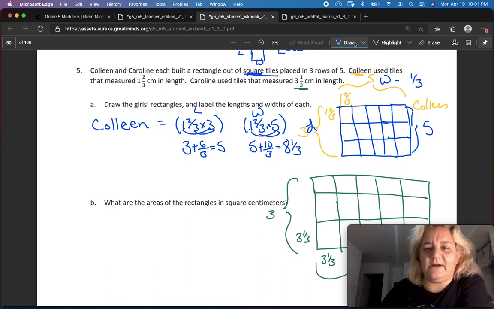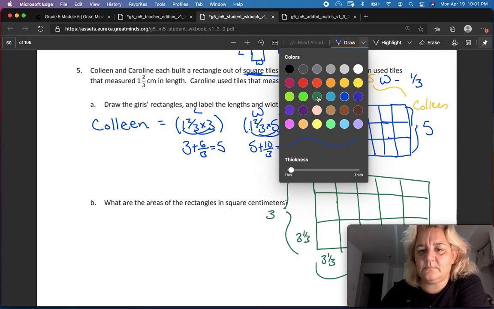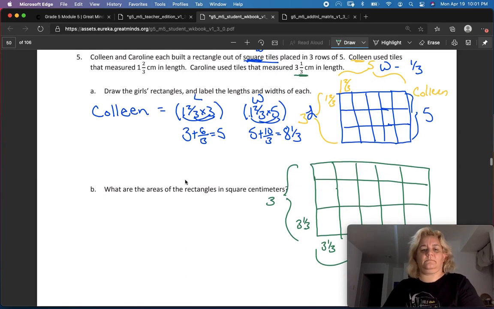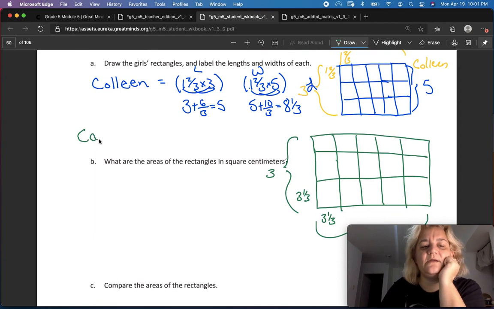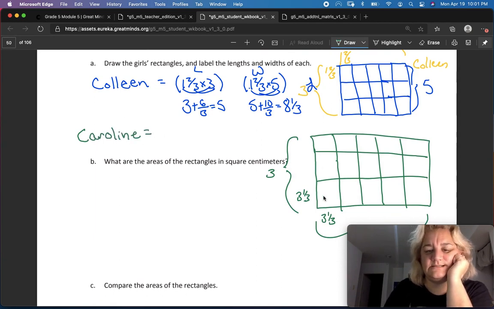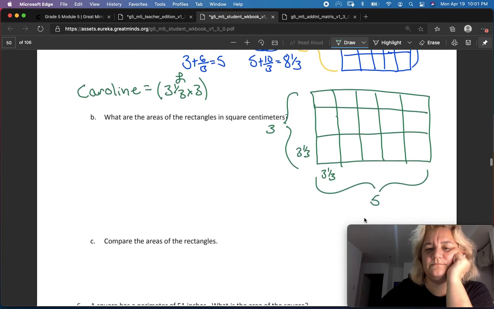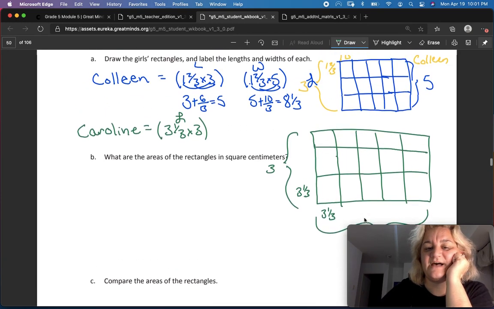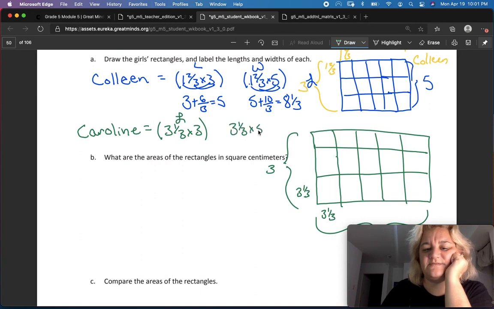Now, for Caroline's, she has still times 3, but each of her squares is 3 1/3 times 3. That's the length. And her width is times 5. It's 3 1/3 times 5. So that's her width.